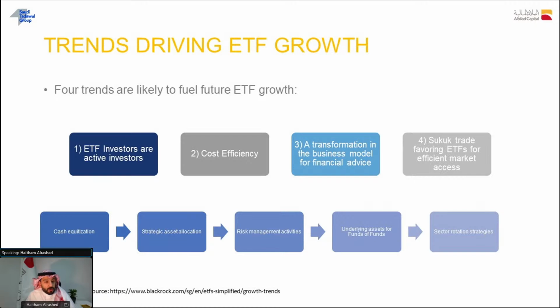ETF investors usually, or new investors, became more active, i.e. they come in and come out based on macro and micro assessment rather than single stock picking or single security picking. They go to a macro and micro level and they do the allocation based on a high level assessment.